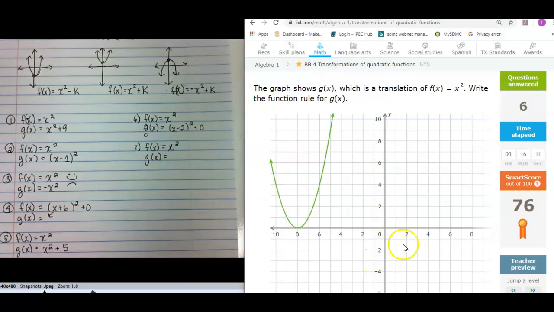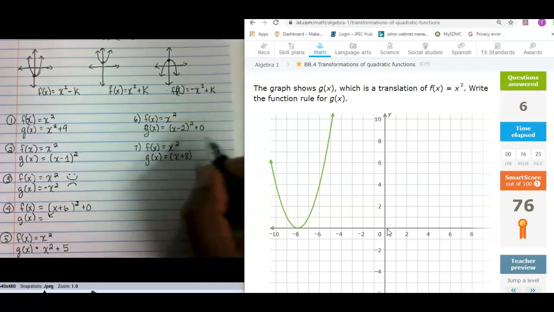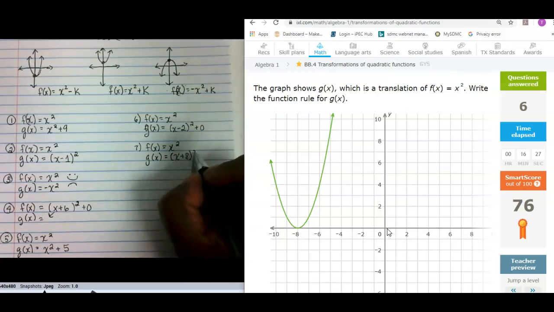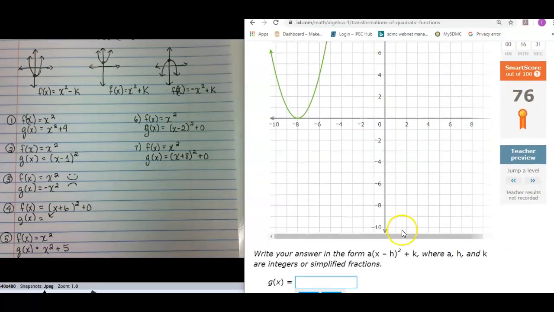There's no up or down movement, only left or right movement. So it moved 8 to the left. Think to yourself, what do I have to do to get back to the origin here? Well, of course, I'd have to move 8 to the right. And what kind of function is it? It's a quadratic function, so I need my squared, no movement up or down.